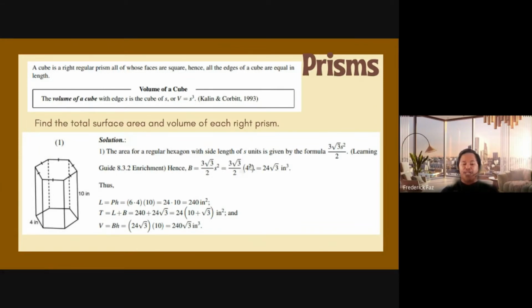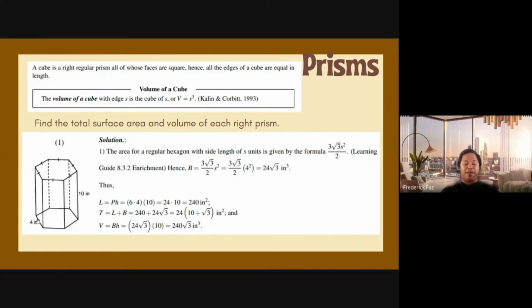4 squared, which is 16. If we simplify it, 16 divided by 2 is 8, times 3 is 24, so 24 square root of 3 square inches. Thus, the lateral area is equal to the perimeter times the height. Our perimeter is 4 times 6, since there are 6 sides.